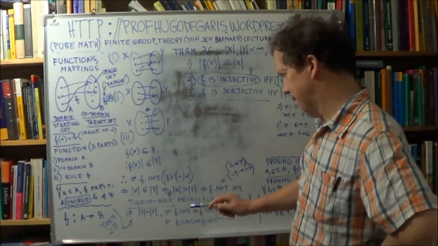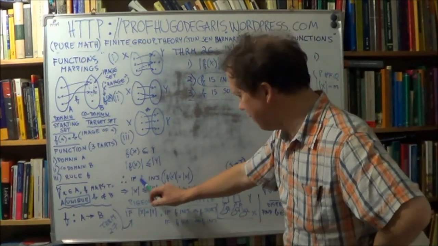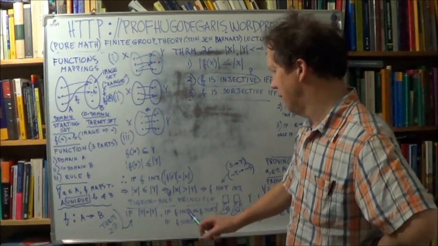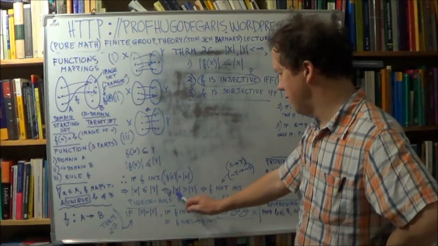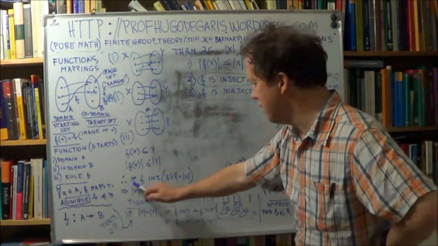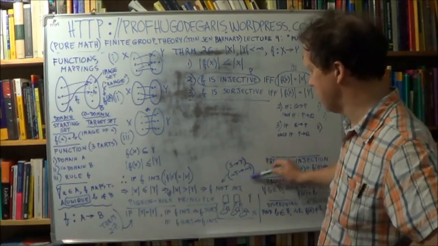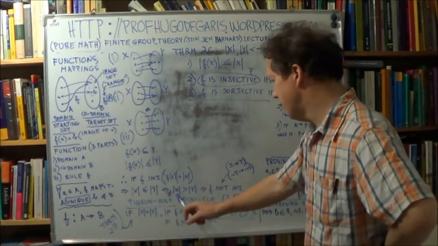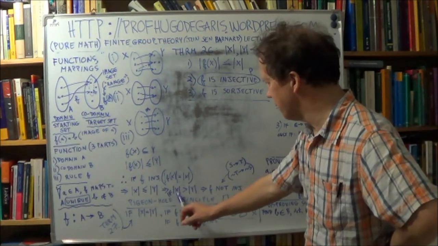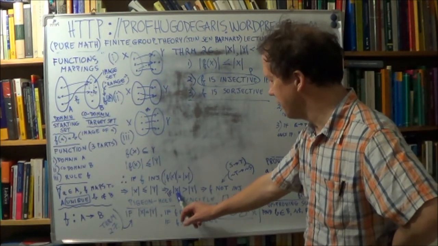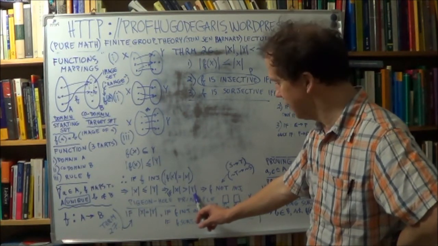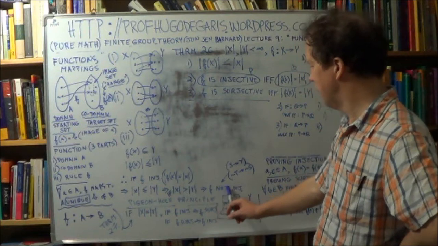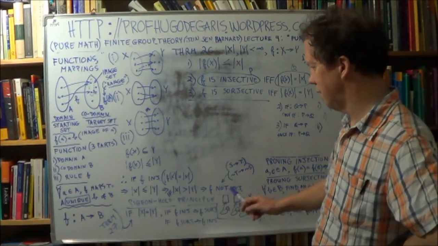So, if f is injective, then this is true. So, if that's not true, then this is not true by using this kind of logic. Okay? So if the size of your starting set is larger than the size of your target set, then f cannot be injective.